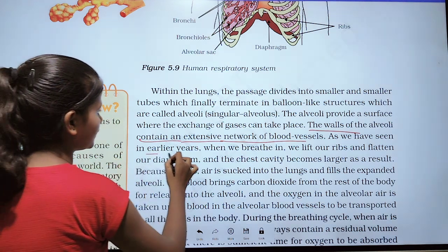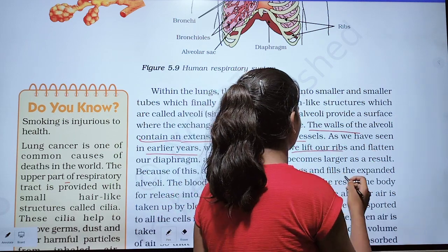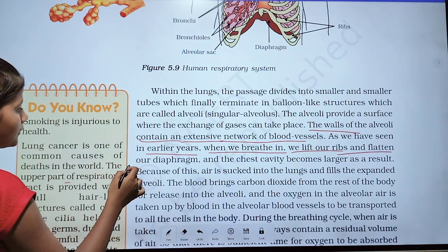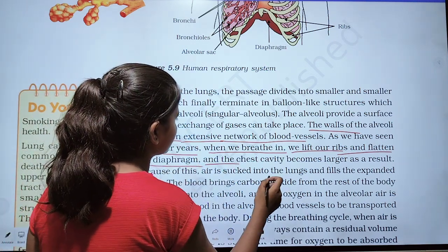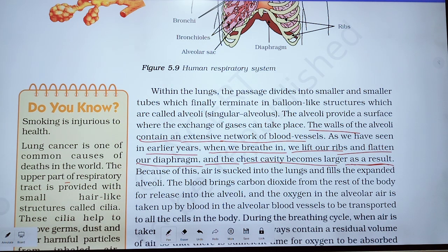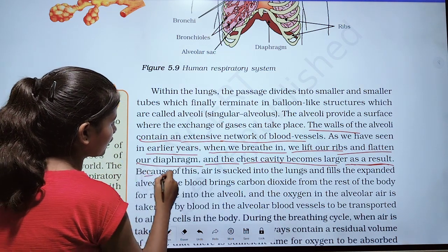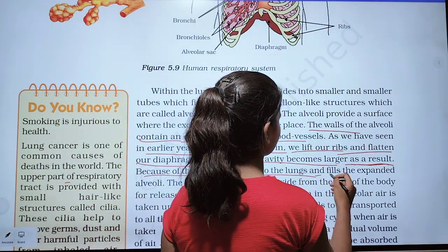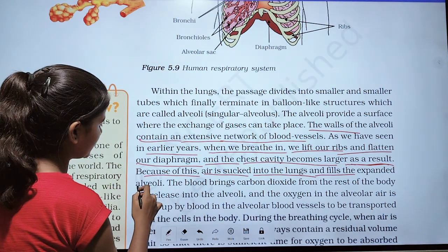As we have seen in earlier years, when we breathe in, we lift our ribs and flatten our diaphragm, and the chest cavity becomes larger as a result.